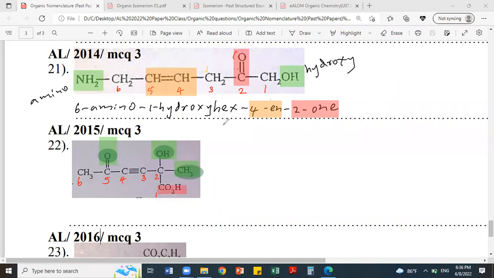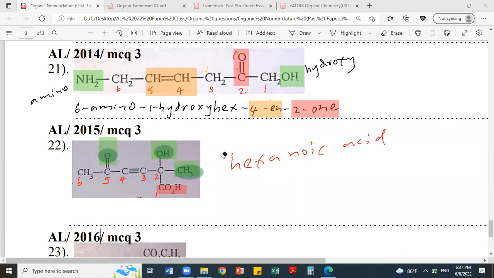That means if you omit the triple bond and all the side groups, what will be the name of this compound? Hexanoic acid. It is hexanoic, 6 carbon, an alkane. But you can't just name it hexanoic acid.